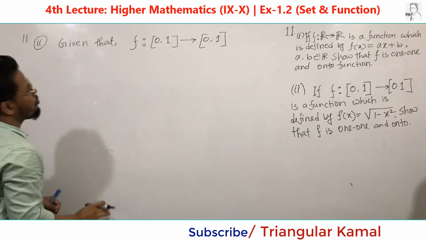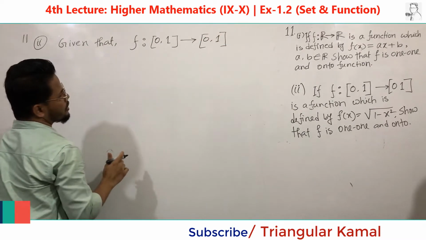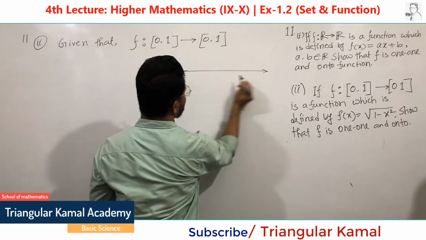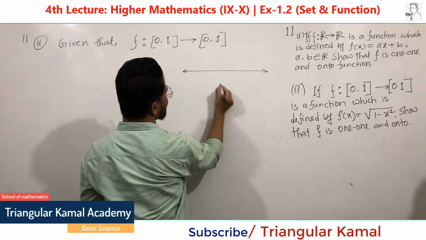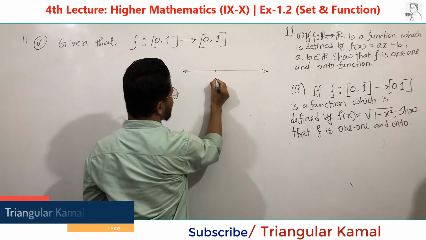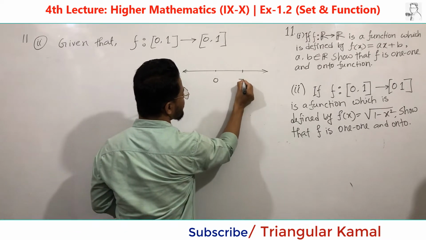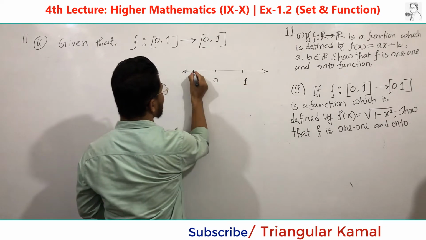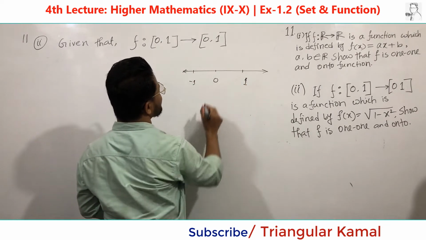First you have to know what is the meaning of this one. In a real line, suppose this one is a real line, this one indicates 0 and this one indicates 1, plus 1, and there will be minus 1.